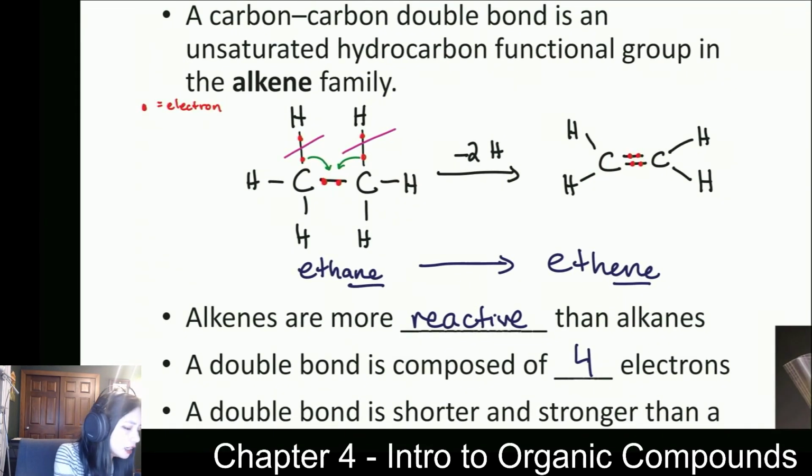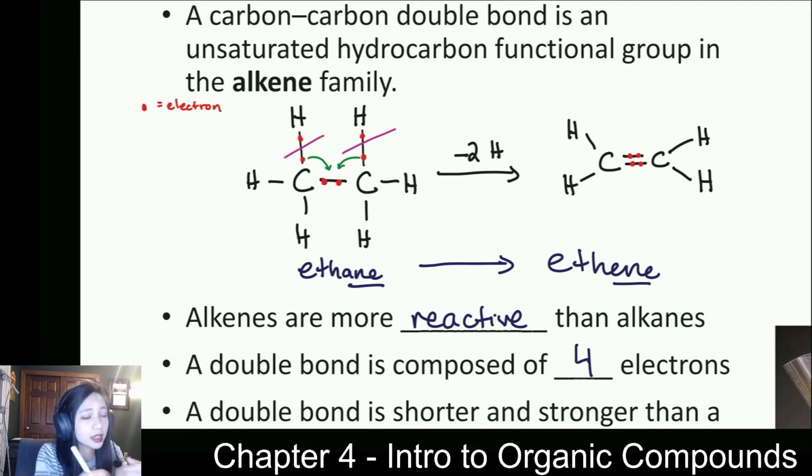You can see that in this picture here. So here's ethane. If you look just at the black bonds and elements, carbon has 4 bonds. To form an alkene, or a double bond, between these 2 carbons instead, we remove 2 of these hydrogen atoms. When we remove those hydrogen atoms, they take 1 electron with them, and so those leftover electrons on carbon will form a bond instead.